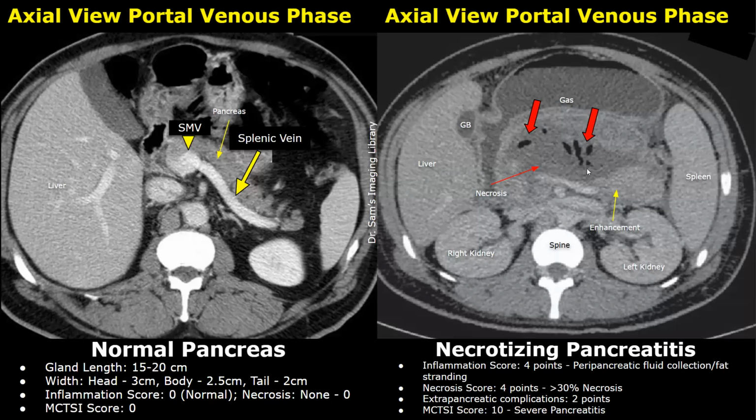Peripancreatic collection is noted and the necrosis is greater than 30%. Peritoneal free fluid was found in this case as well, so extrapancreatic complication score will be 2. The total MCTSI score will be 10, the highest score possible. It is classified as severe pancreatitis.